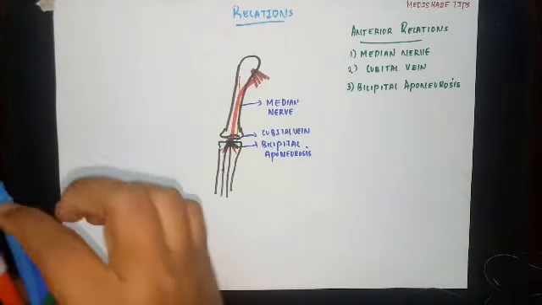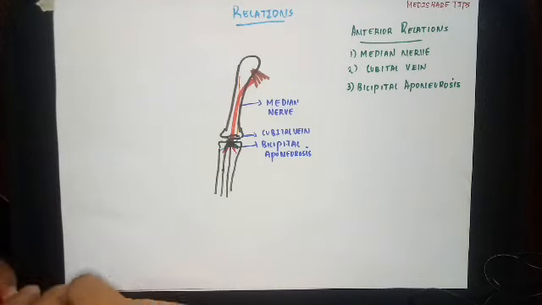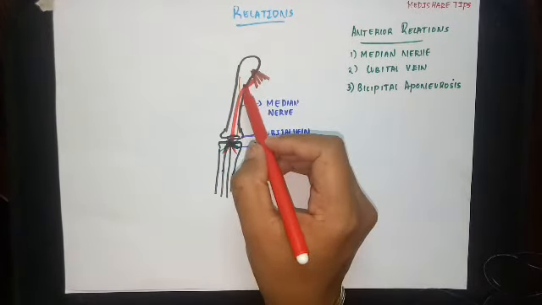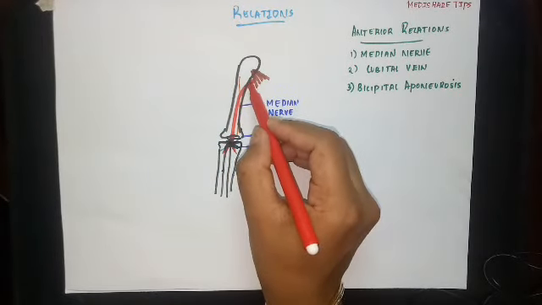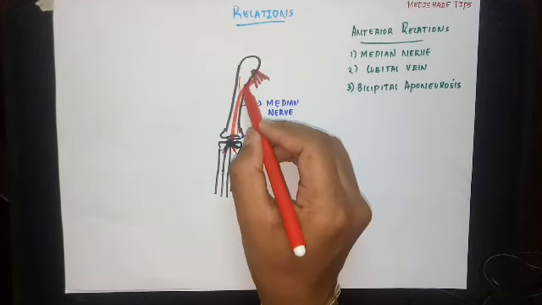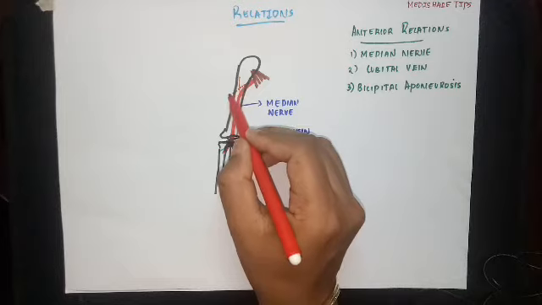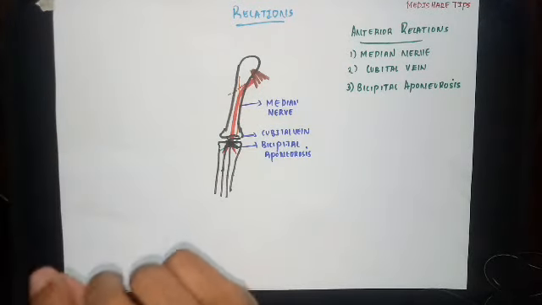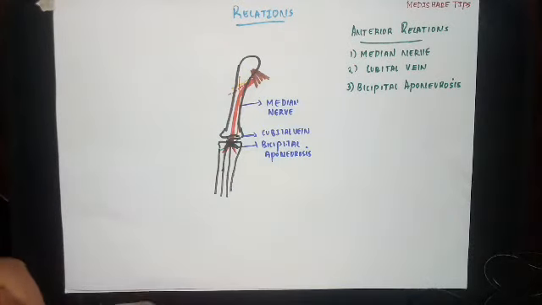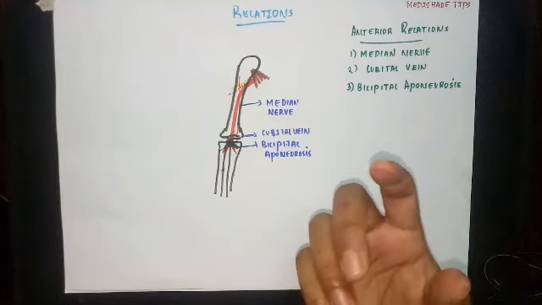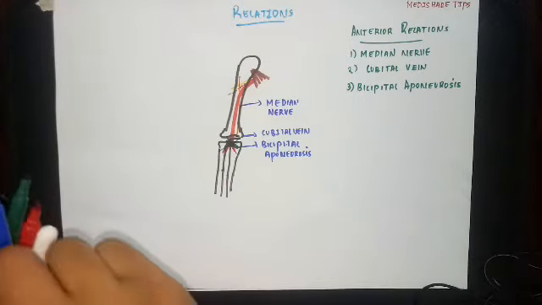Now we will discuss the posterior relations of the artery. We know that the brachial artery has a branch known as the profunda brachii artery. It arises from the first part of the brachial artery and passes posteriorly in the spiral groove along with the radial nerve. So the radial nerve and the profunda brachii artery form a posterior relation of the brachial artery. Besides this, the triceps muscle also forms a posterior relation.